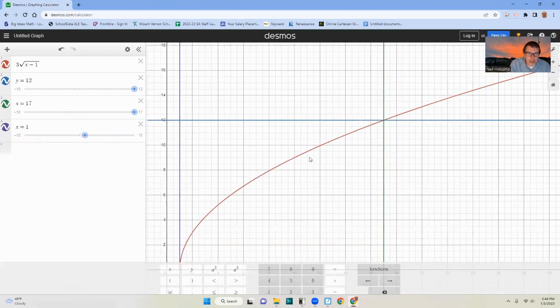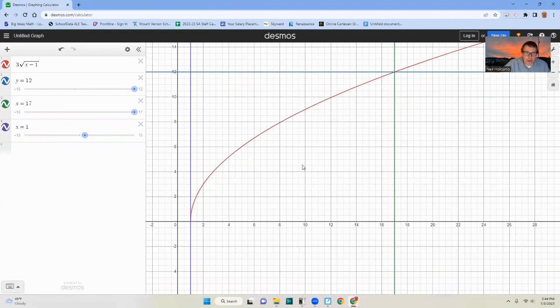Now, the reason I'm doing this is I want to show you about domain and range. So here's our function, and it had to be less than or equal to 12. So it had to be below the line y equals 12, and that is this here. But I can't go negative. I cannot have a negative because then I am dealing with imaginary values.